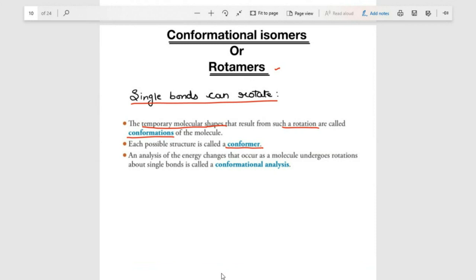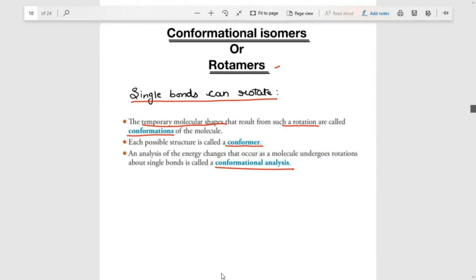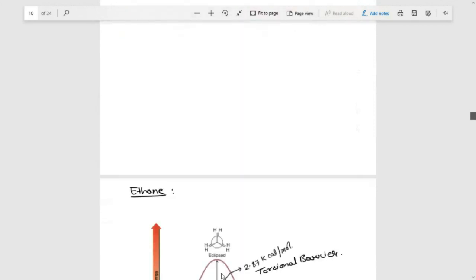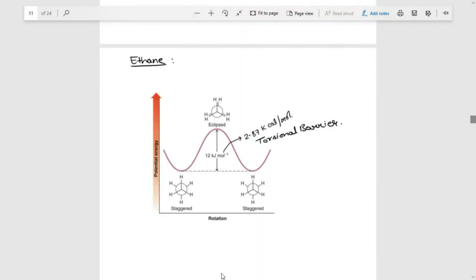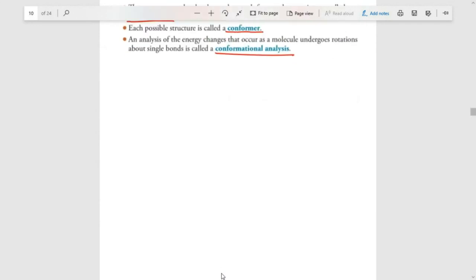When we analyze the energy changes that occur as a molecule undergoes rotation about a single bond, it is called conformational analysis. To represent this on paper, we usually have two choices of representation to study conformations.